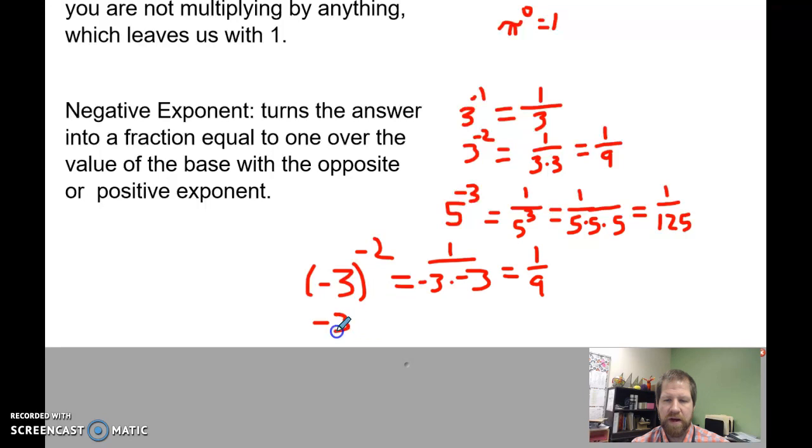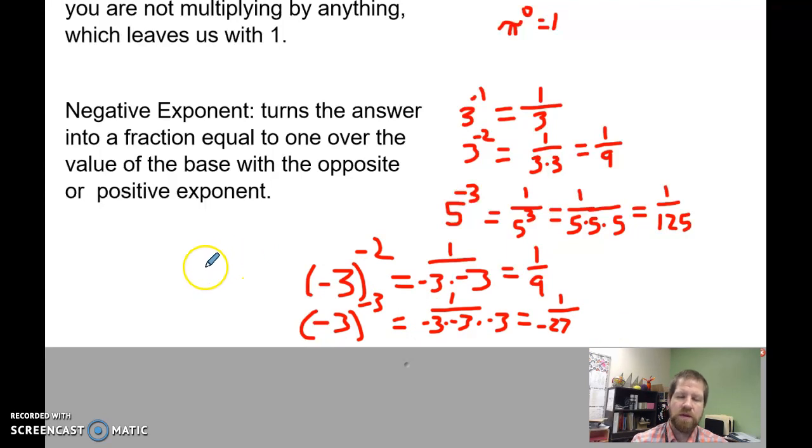If I had an odd number of negatives, then it would be negative. Negative 3, negative 3, negative 3 is going to equal 1 over negative 27. So keep that in mind.